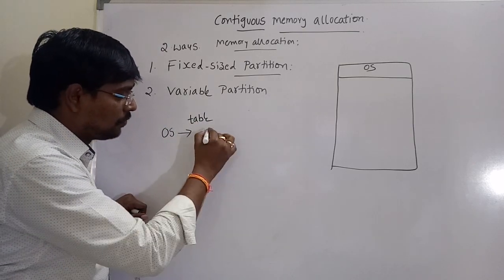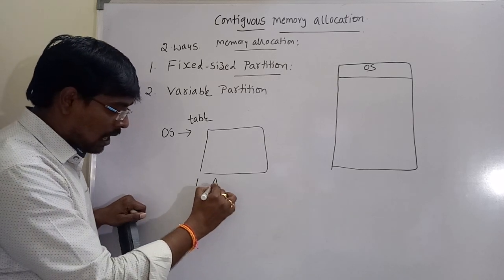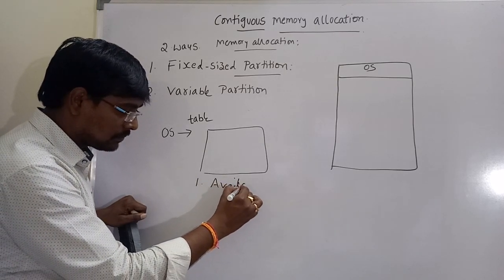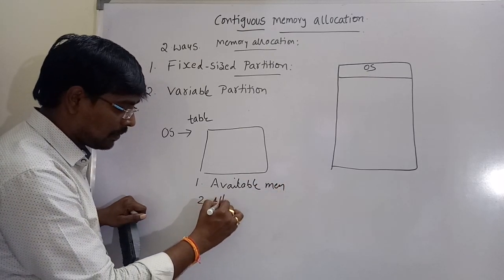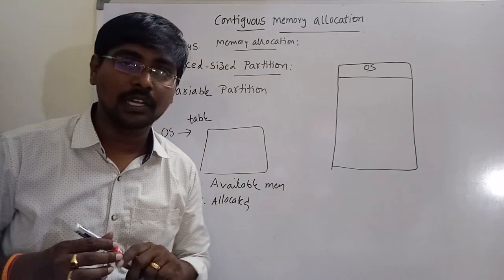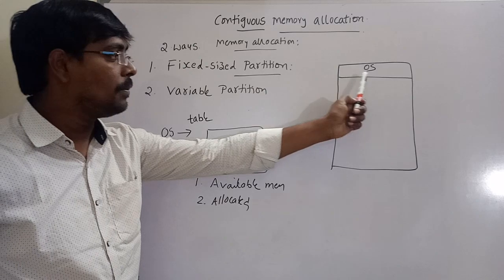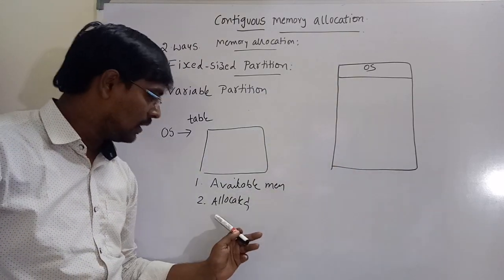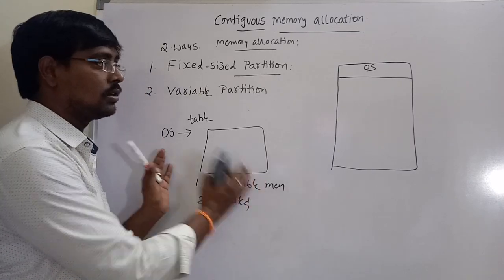It consists of 2 parts: available memory and allocated memory. So the operating system maintains a table which contains the index of available memory and allocated memory. If you are not understanding this, ignore it.